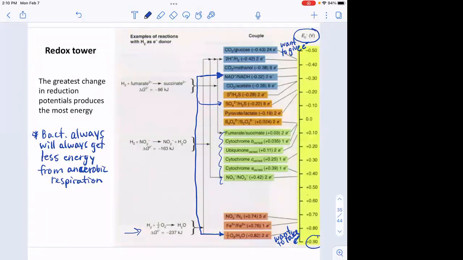If you use nitrate, a little bit more, but still less than oxygen. Some organisms can reduce nitrite down even further, which is a little bit lower here. Iron is almost as far as oxygen, but not quite. So that's a little bit of why you're always going to get less energy.